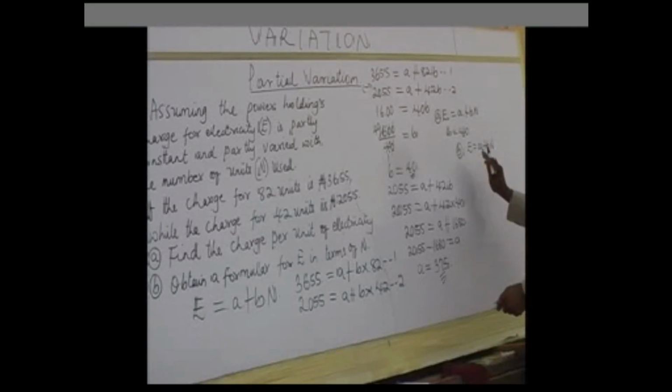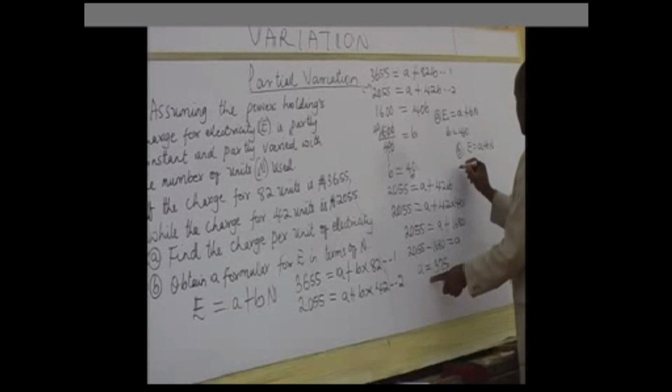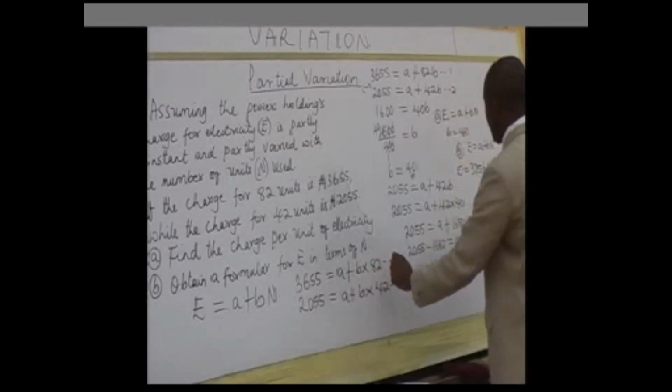What that question is asking for is put the value of A and the value of B and leave E and N. That is E in terms of N. So E is now equal to A, which was calculated to be 375, plus B, which is 40 times N. And so this is the formula for E in terms of N.